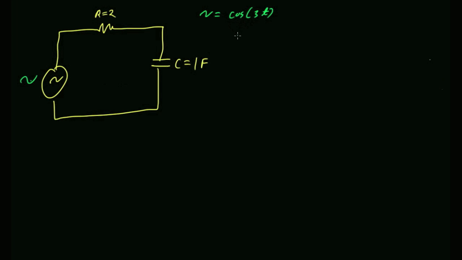Okay, now, watch how I'm going to rewrite this circuit. Can we all agree that my output voltage is going to be a cosine of frequency 3 radians per second? All we need to figure out is the magnitude and phase. Is that good? Okay. I'm going to rewrite this circuit like this.